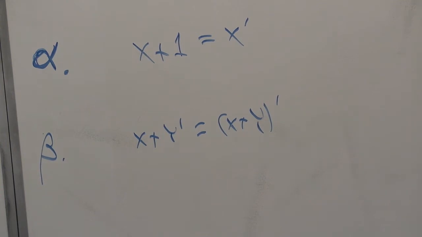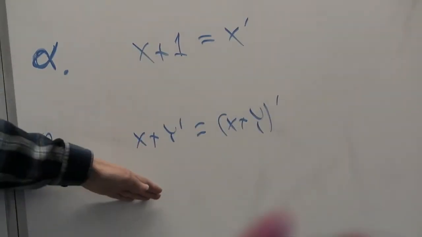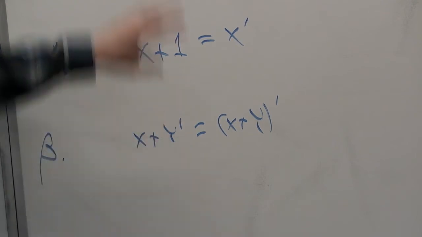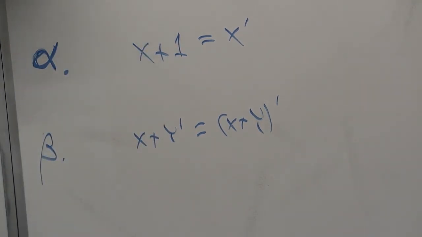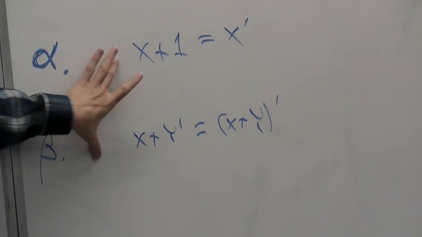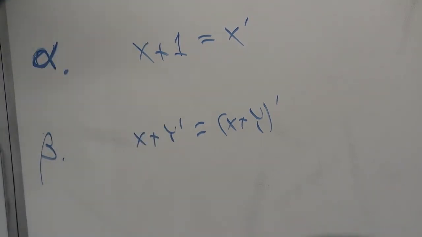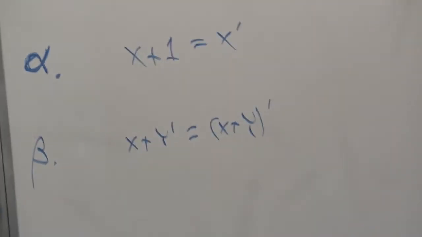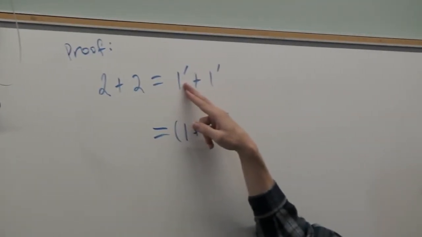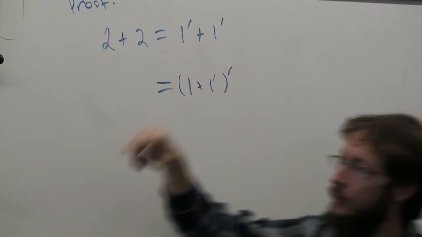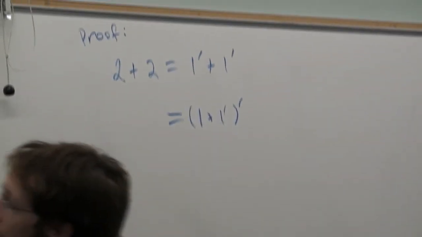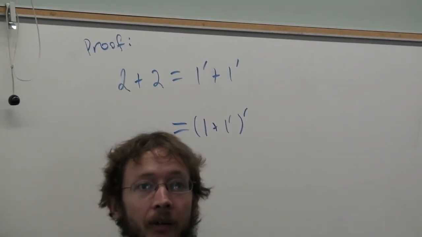So we get to use any of these 4 equations anytime that we want. These are true because they're defined to be true, and these are true because we proved them to be true. Any one of these 4 lines, you get to use anytime you're in the mood. And that's what we did here. We said, okay, I've got a successor here, and anytime I have a successor on that first term, I can just move it outside of parentheses because I defined addition that way.